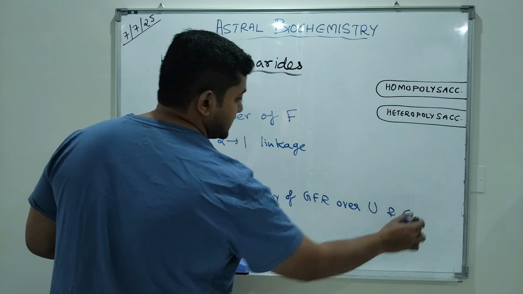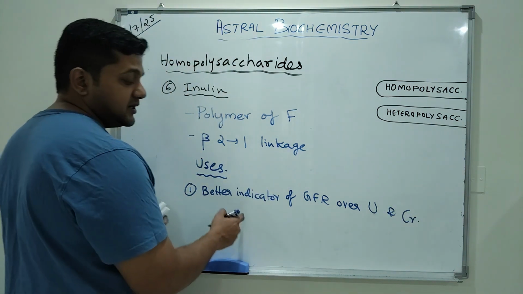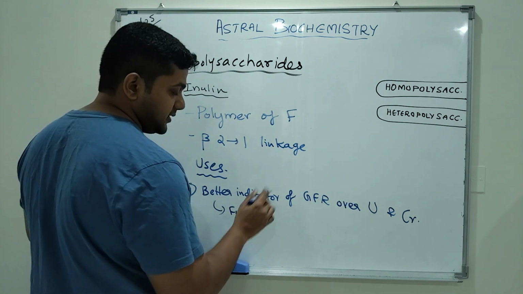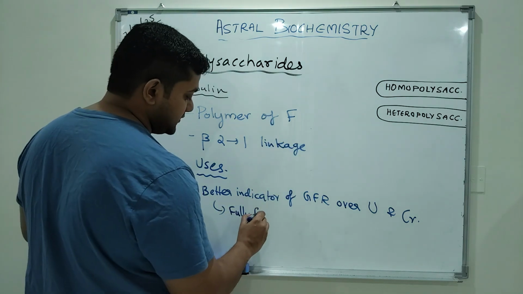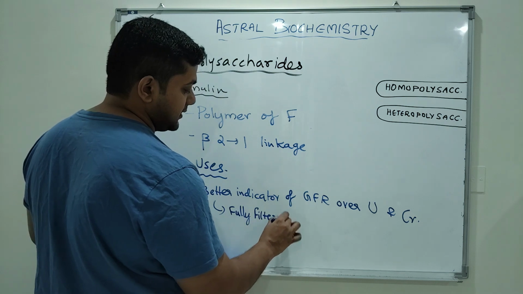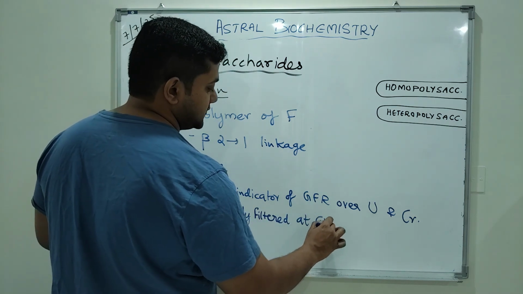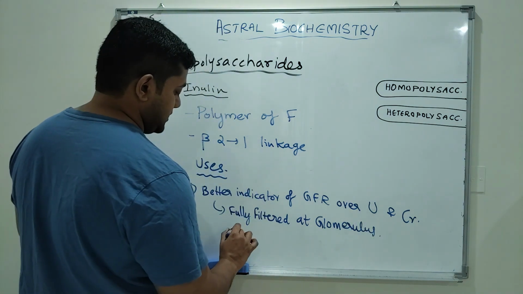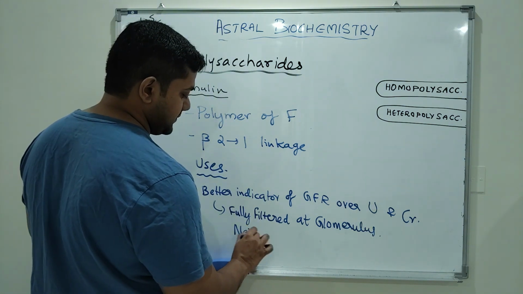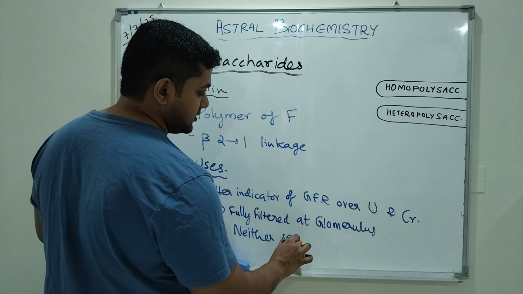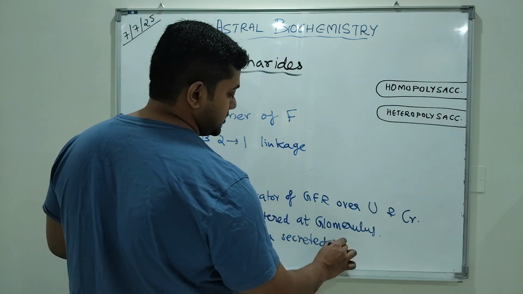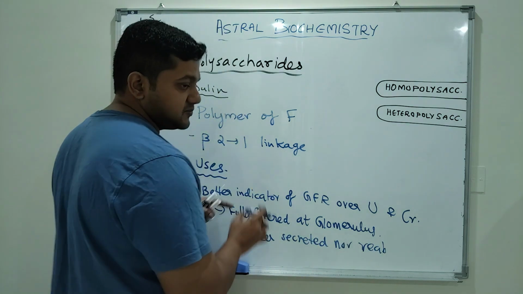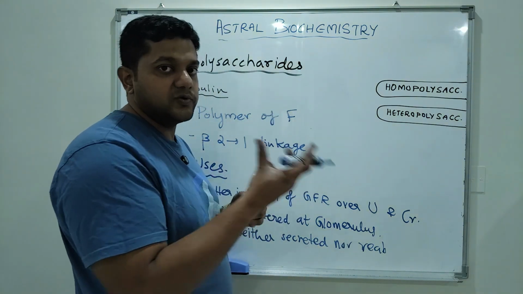This is a better indicator because it is fully filtered at the glomerulus, and it is neither secreted nor reabsorbed. So this is a condition which matches the ideal substance that can be used for GFR.